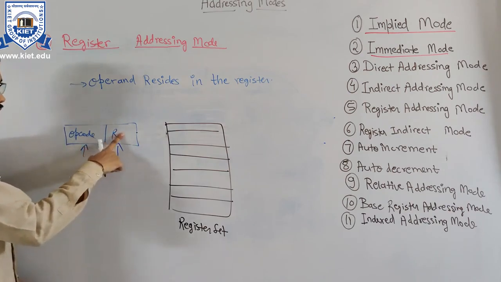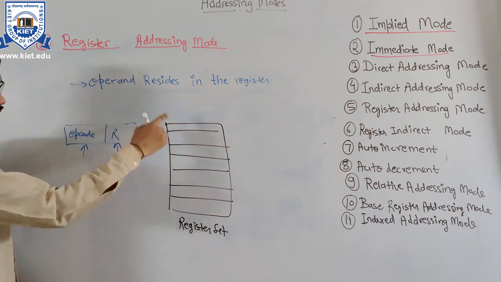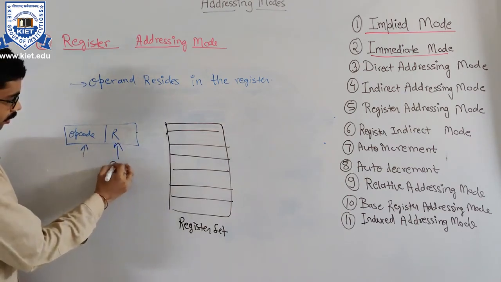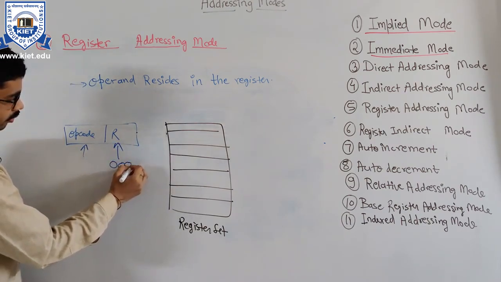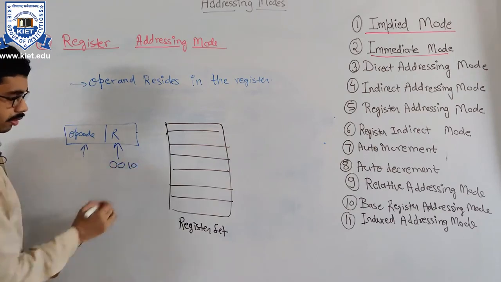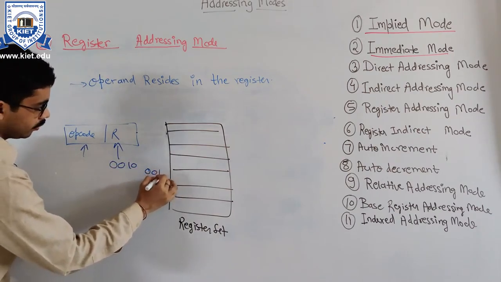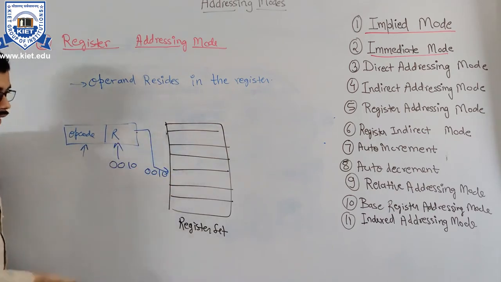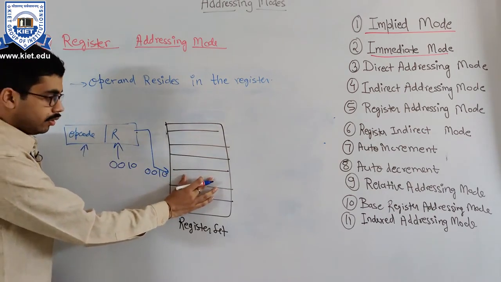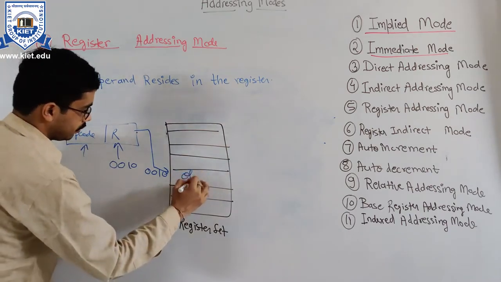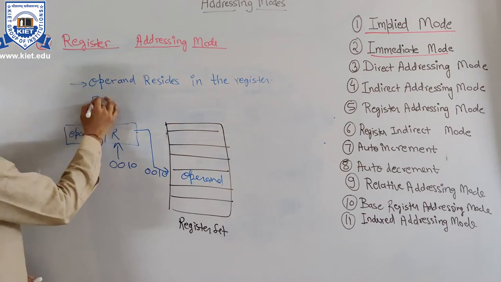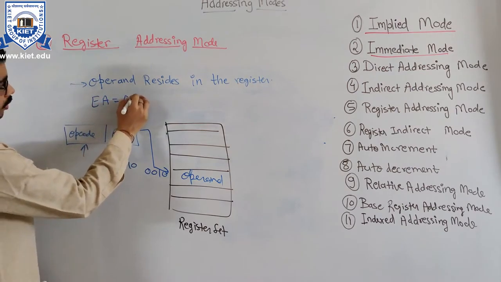The value of the register field will point to one of the registers in this register set. Suppose we have 0010 in this register set, it will point here, and the data here will be the operand. So the effective address will be your register.